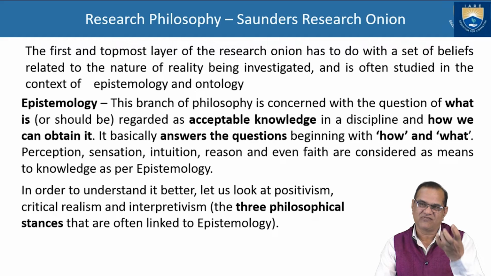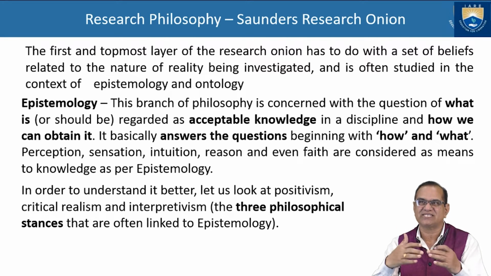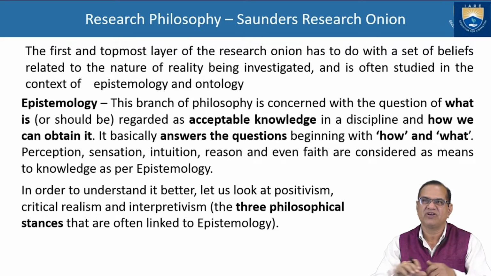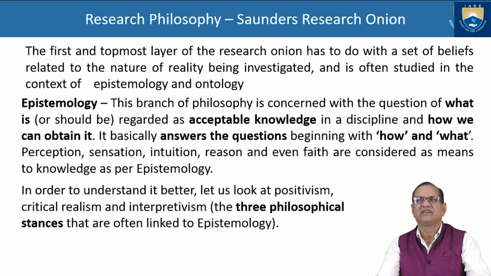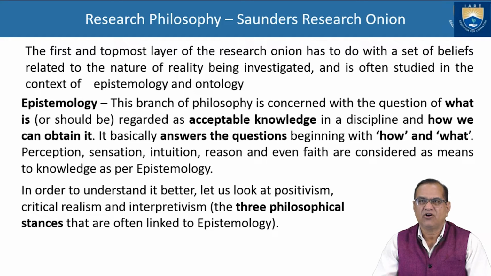An onion has got different layers. So he has divided the onion into 6 layers, and how all 6 layers are divided, I am going to explain in this lecture. The first and topmost layer of the research onion has to do with a set of beliefs related to the nature of reality being investigated, and is often studied in the context of epistemology and ontology.